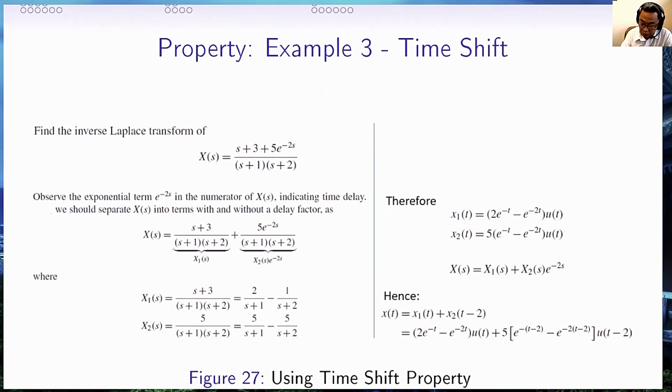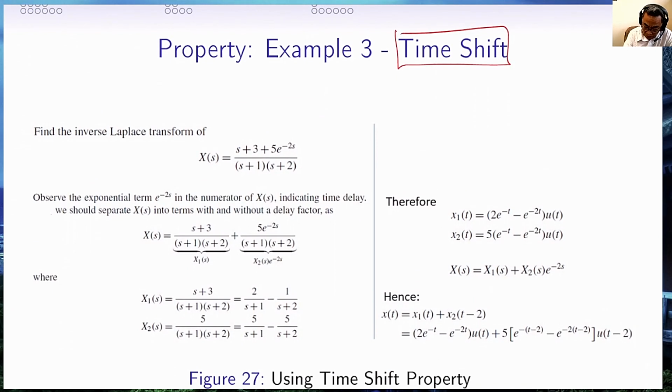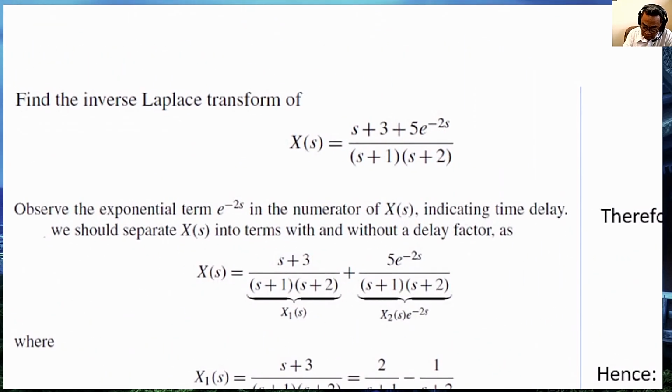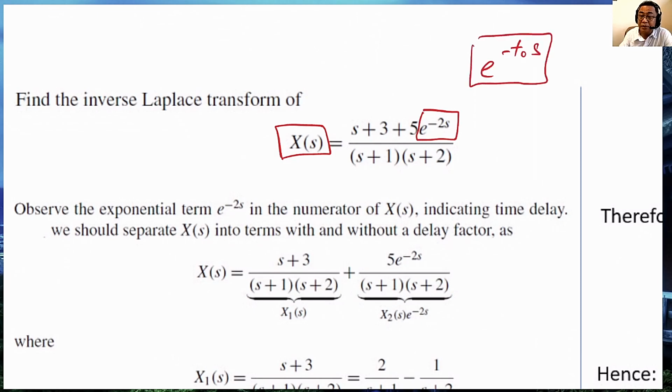Let us see the use of this time shift in an example. We are given X(s). Remember that anytime we see e to the minus s t naught, this gives us a hint that the signal is being delayed, and in this case it will be by 2 seconds.